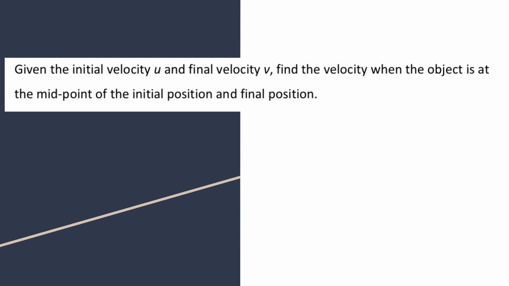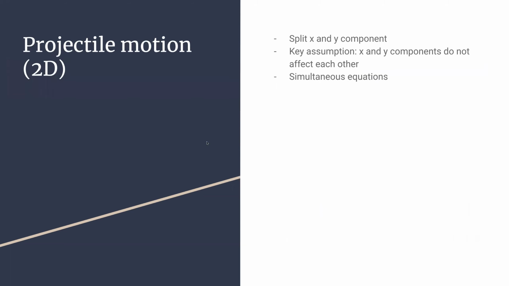Interesting problem. And the second part is projectile motion. Projectile motion is basically 2D motion, and to be honest, 2D motion is not that different from 1D motion. You basically split the x and y components, and the key assumption for projectile motion is that x and y components do not affect each other, they're completely independent of each other.